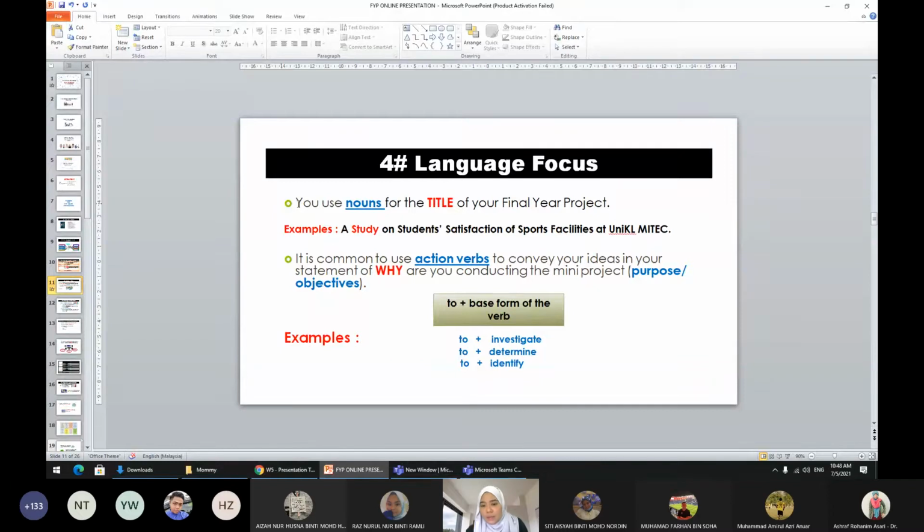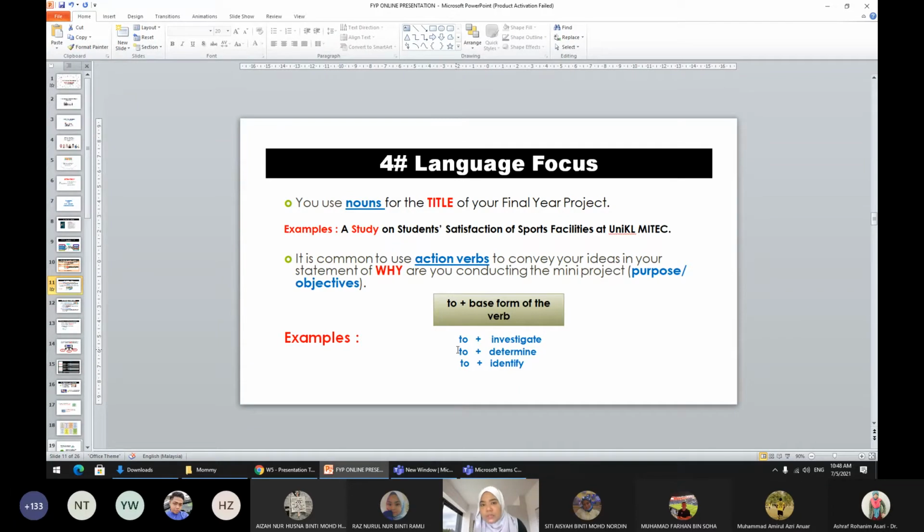So it's common to use action verbs to convey your ideas in your statement of purpose. That means, when you explain your research objective, guys, it's very important for you to start with to plus verb. What's your objective? Oh, I want to live happily in life. What's your objective of life? I want to live happily.